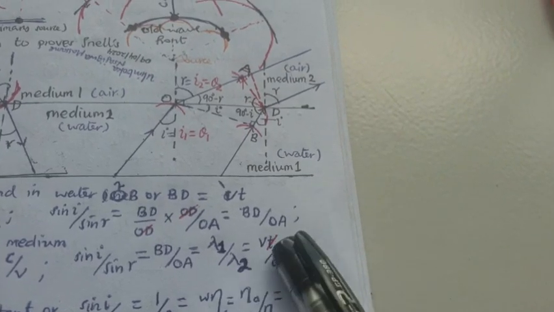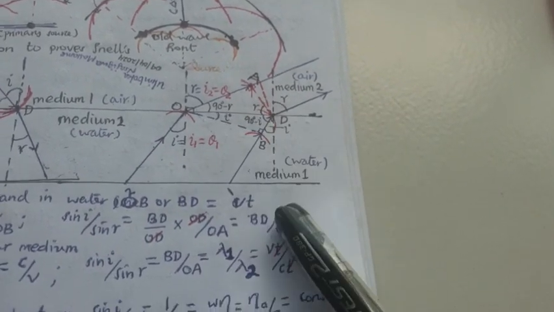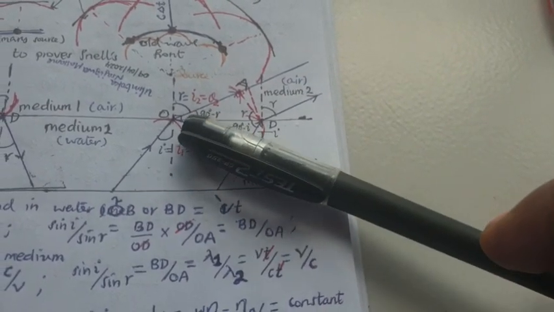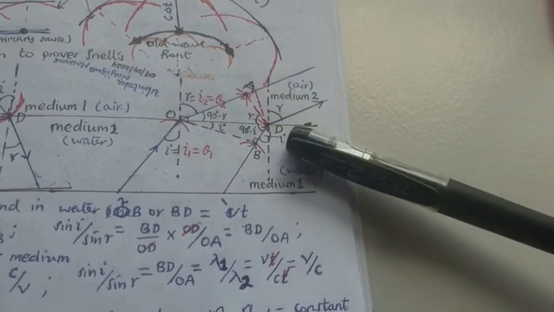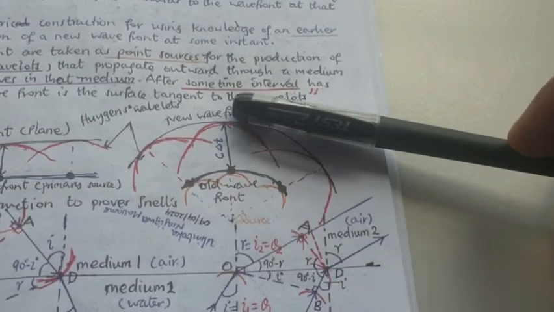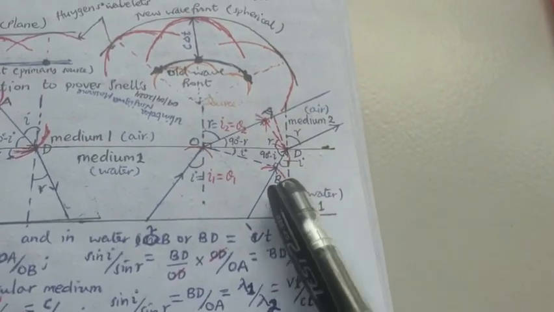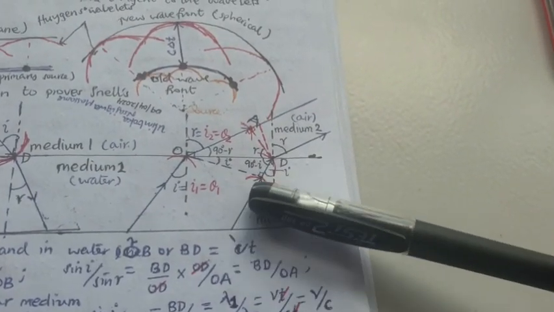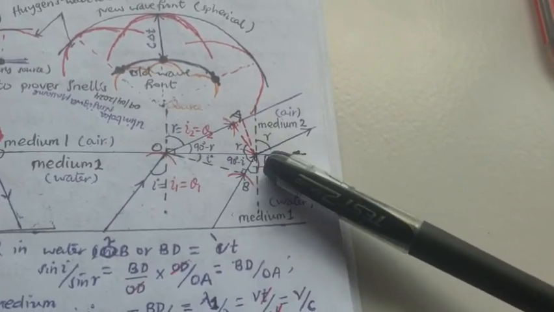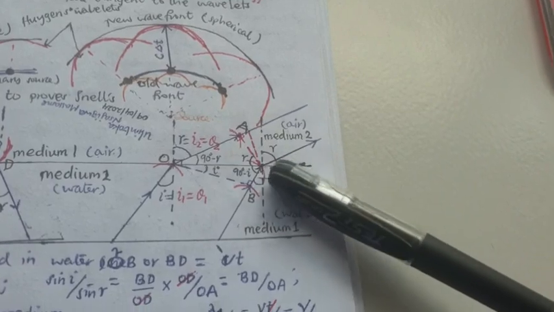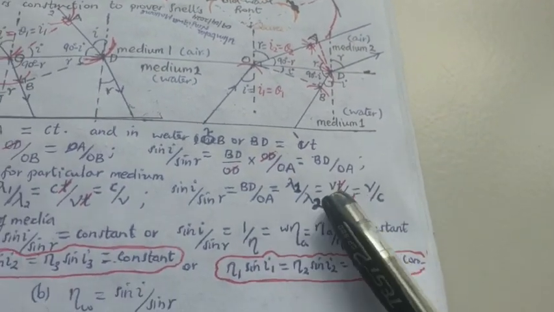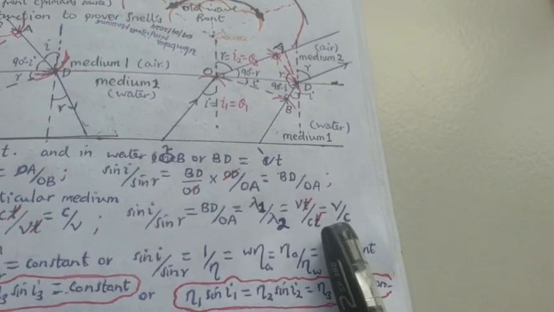Remember, this secondary wavefront AD will be at this position after some time interval. Hence BD and OD reach this plane wavefront AD at the same instant. And now time and time is cancelled out. Now it is V divided by C.